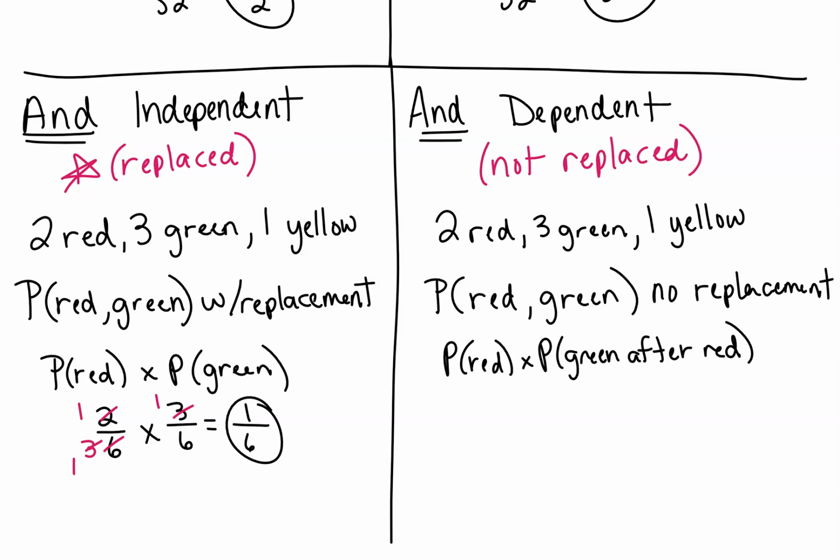Okay. So the probability of a red is still 2 out of 6. But we had red, red, green, green, green, yellow. And now we are holding that red marble. So now that we're holding it, we still have 3 green marbles, but how many total marbles do we have? 5. So it would be times 3 out of 5.